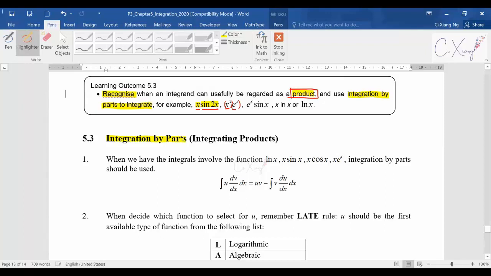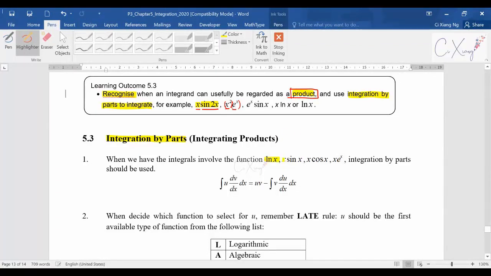Okay, all right. So let's have a look at the detail before we start. When you have an integral that involves a function with ln x, anything with ln, if you want to integrate ln, actually you cannot. So as long as you see that the integration involves ln, you can try to think about using integration by parts to solve it.